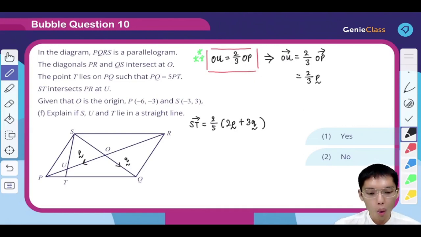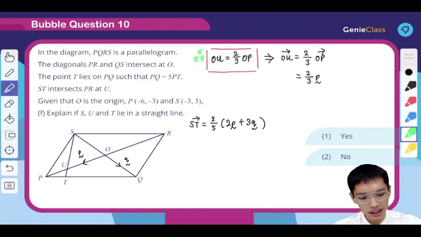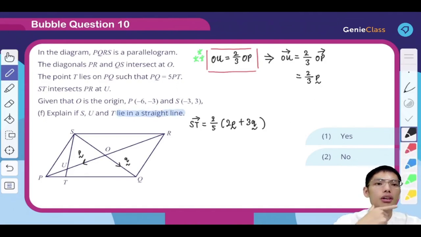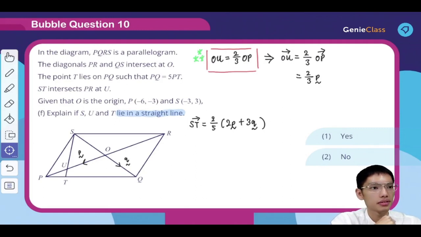Now I have ST. What vector do I still need? Can anyone tell me what is another vector that I can find to show this relation? And yes, to see whether you understand what is the meaning of lie in a straight line for a vector. What vector do I still need to find in order to prove what lie in a straight line means?